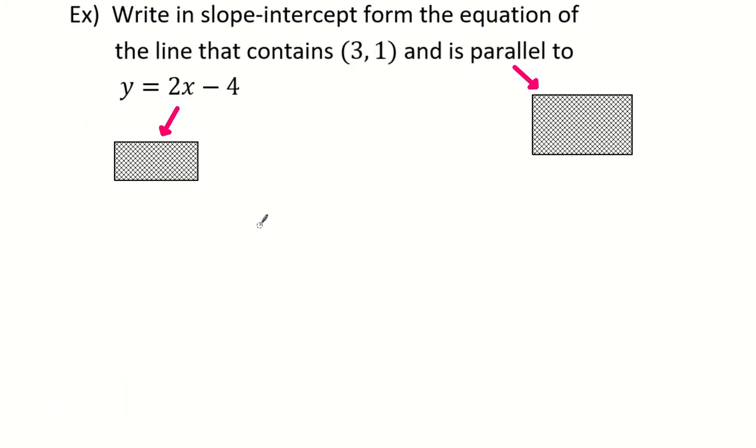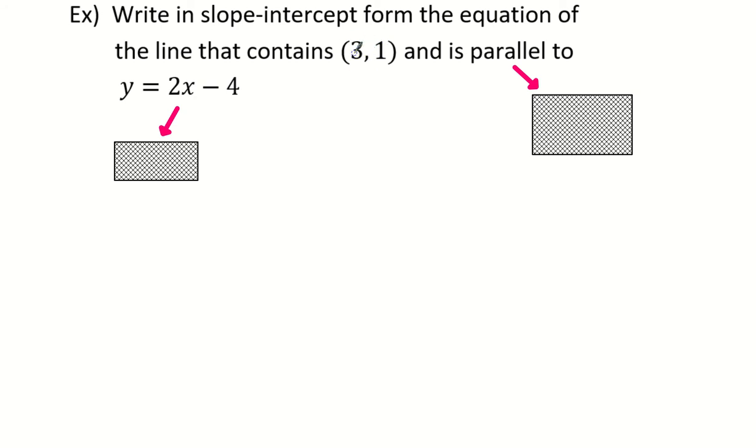A couple more examples, I suppose. Slope-intercept form of the equation that contains that point and is parallel to that. Okay, so if I'm going to write an equation, I need a point. If I already have a point, the only other thing I need is what?